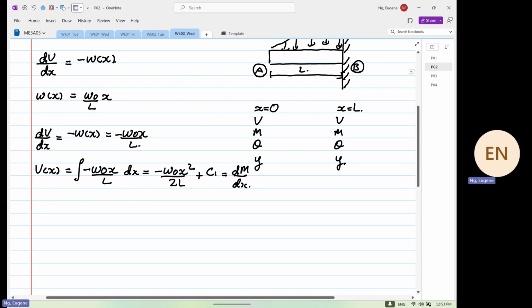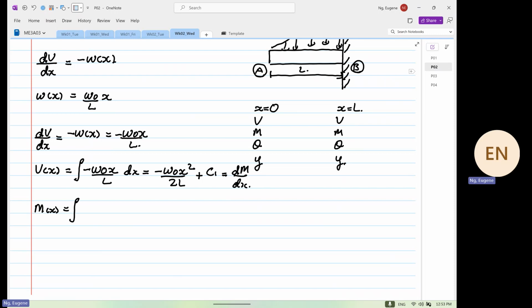From here, we can again find M as a function of x. We integrate minus omega naught x squared over 2L plus C1 dx. This in turn will give you minus omega naught x cubed over 6L plus C1 x plus C2. And we now know that this is equal to EI d squared y over dx squared.